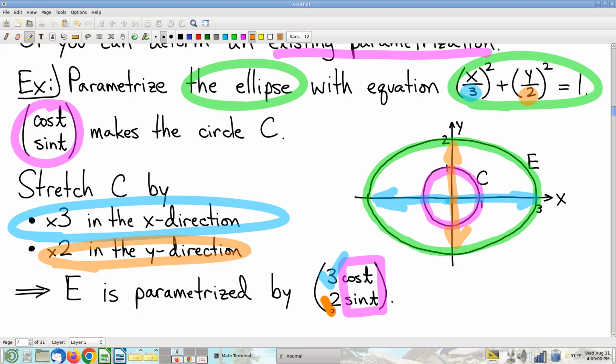So I do that by literally just multiplying the y coordinates by 2. So we started off with this purple parameterization, which, again, is existing, we already knew. And see that this green equation is really just a tweak of it. So tweak it accordingly, and there you go. So this here then parameterizes the ellipse.